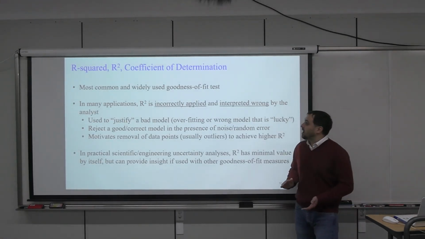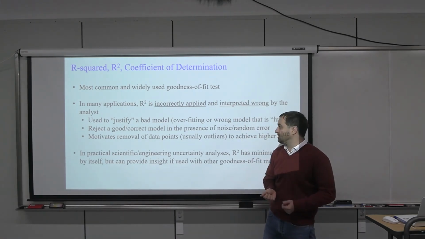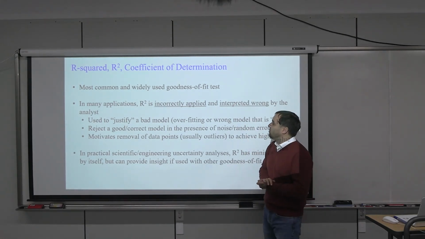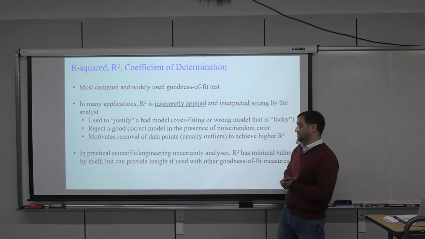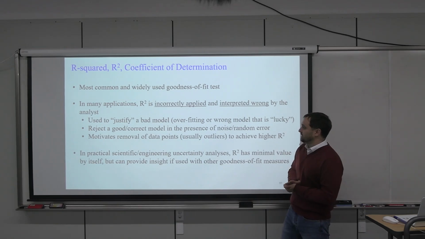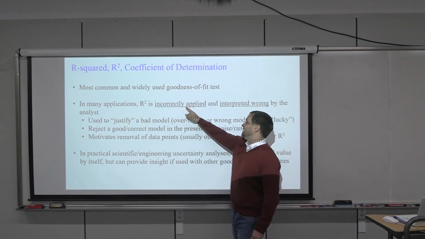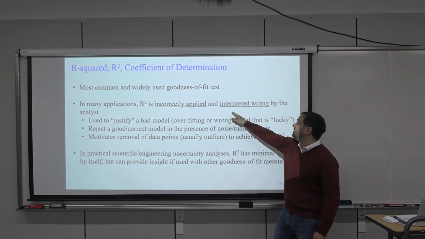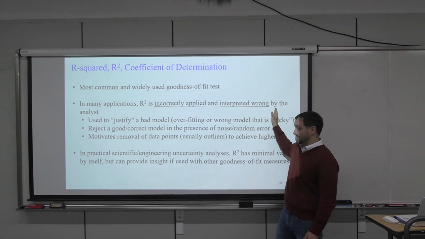Okay, so what is R squared, or the coefficient of determination? It goes by different names. This is probably one of the most common and widely used goodness of fit tests. Unfortunately, in many applications, R squared is incorrectly applied or interpreted wrong by the analyst.